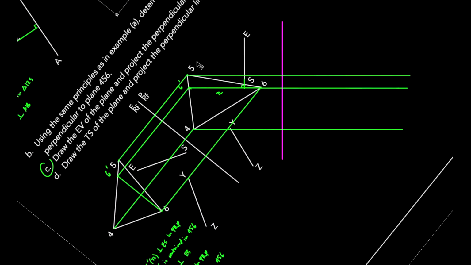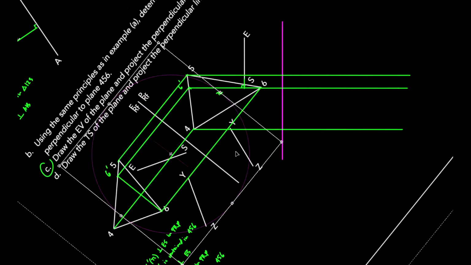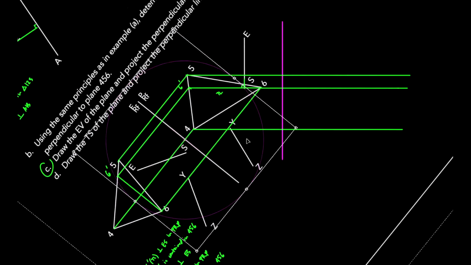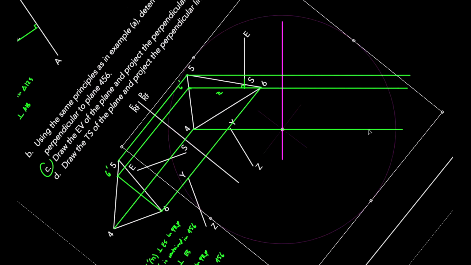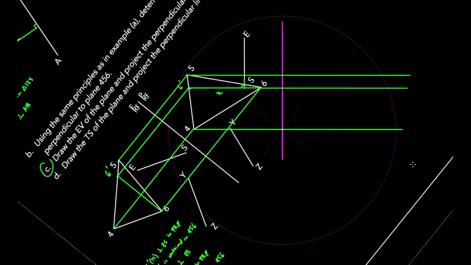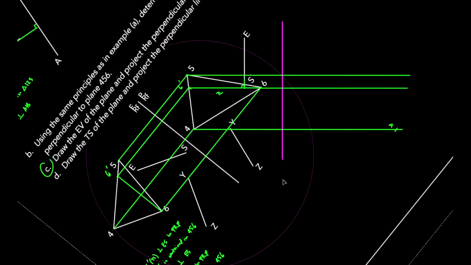Where's my compass? Take my compass. No, sorry. 1, 2. So, dito tayo sa 4. 4 muna. This is 4. Then 6.